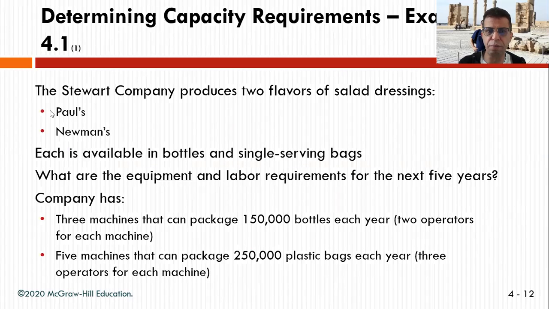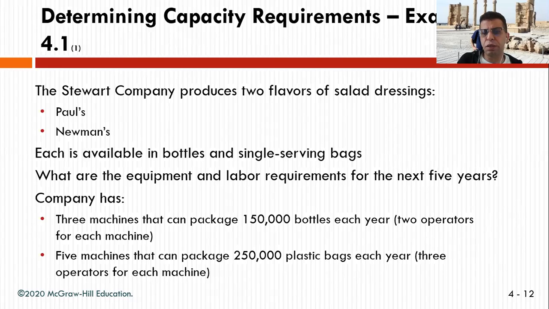A good example, if we look at this one, is about the Stewart company. You don't need to know how to do this calculation. You need to understand how it is done, because from here on down there are probably software tools that can do that, but you need to know why they do that.